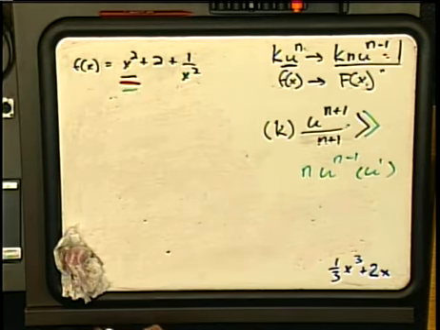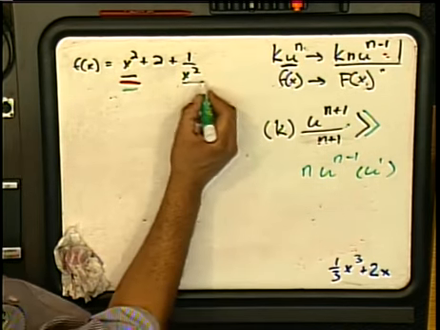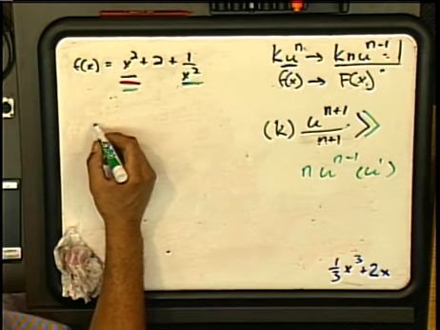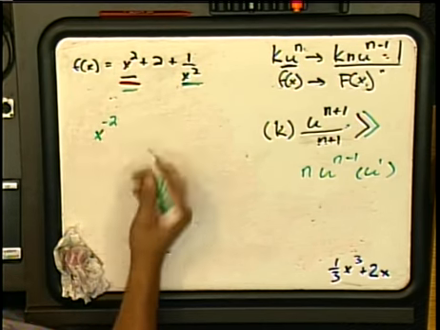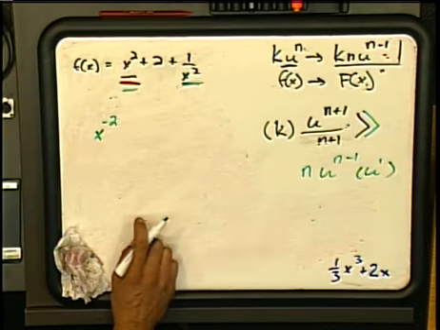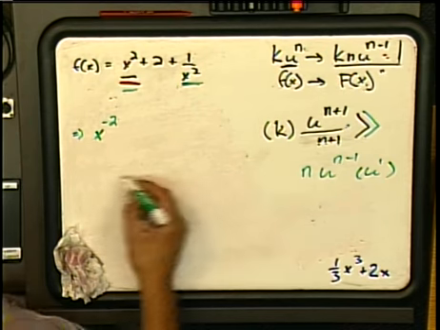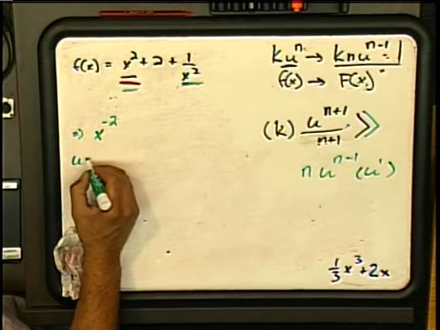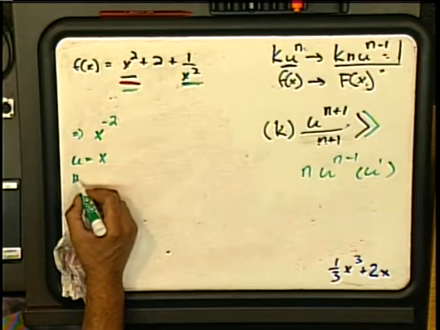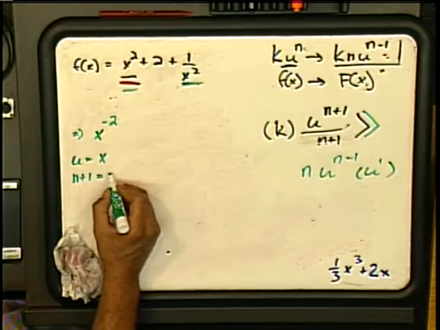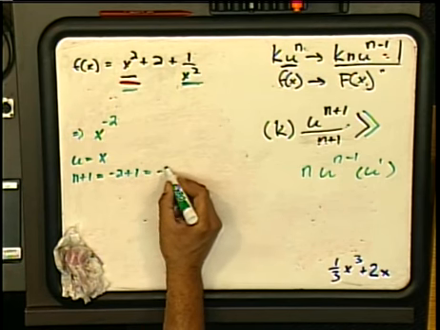And then this last one will be, I'm going to rewrite that as x to the negative 2. And then take the antiderivative of it this way first. So u equals x, n plus 1 equals negative 2 plus 1 equals negative 1.